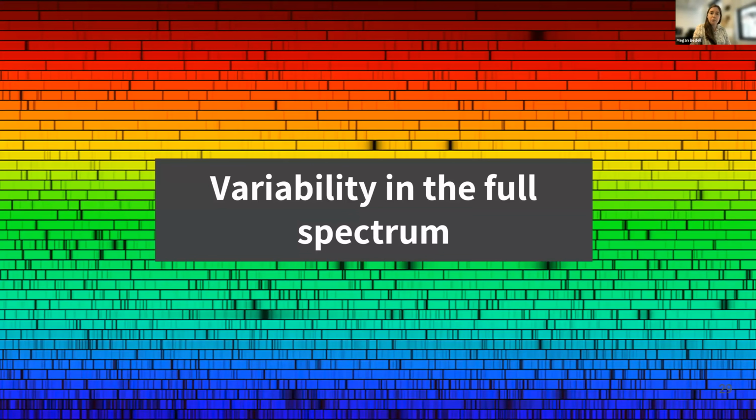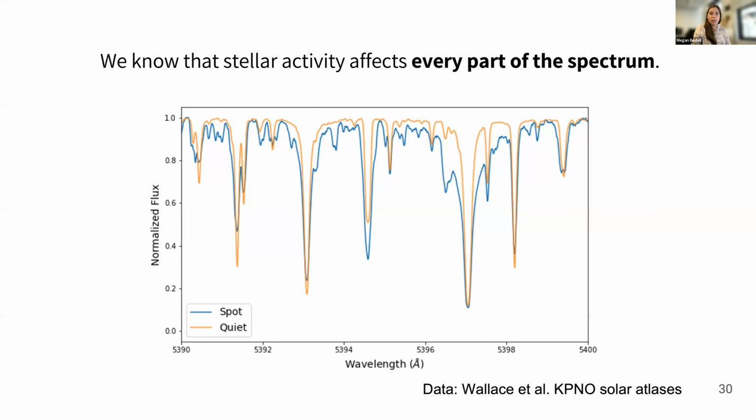The motivation for this is that we know that stellar activity affects every part of the stellar spectrum. To illustrate, this is just plotting some bits of the two Wallace et al. Kitt Peak solar atlases taken for the quiet sun and within a spot on the sun.